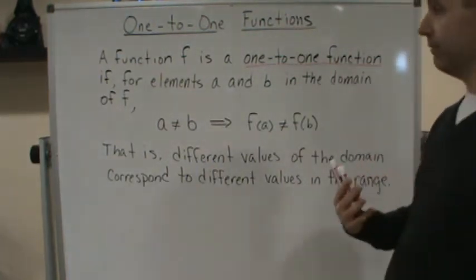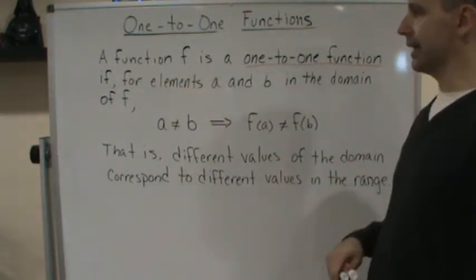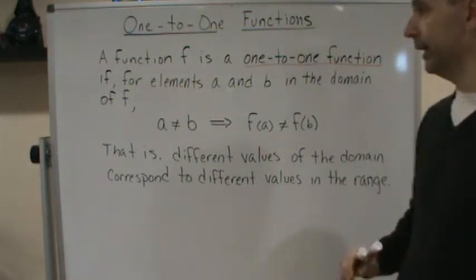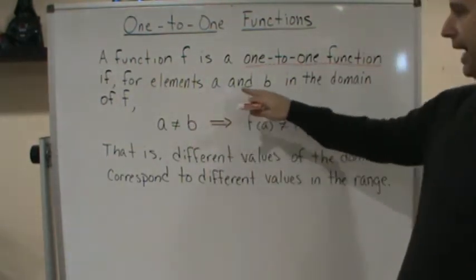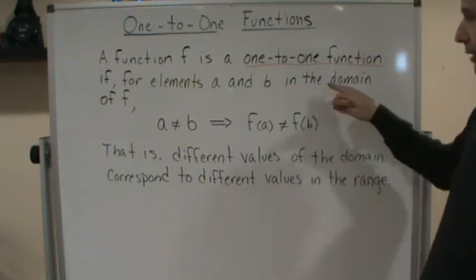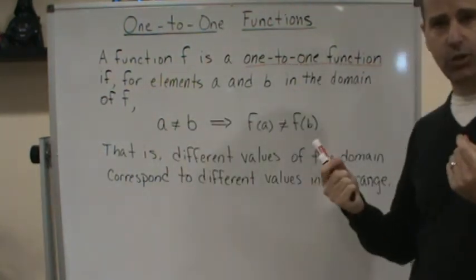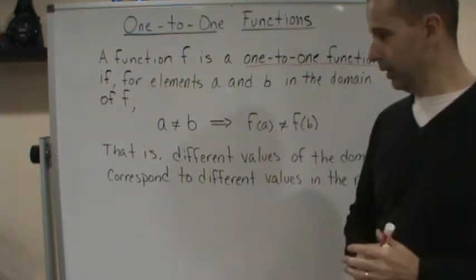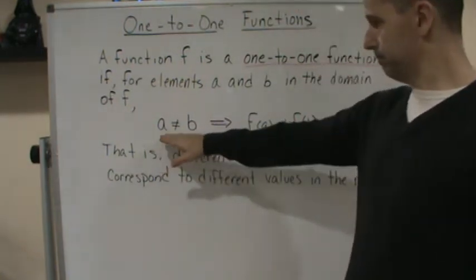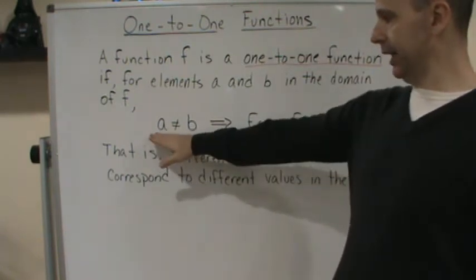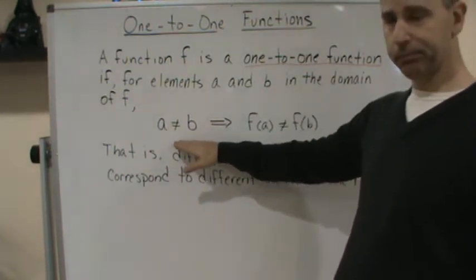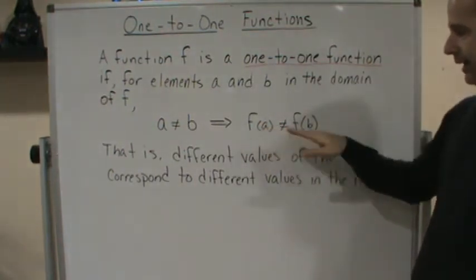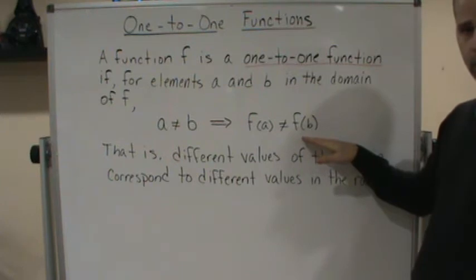If we have a function f, we say that the function f is one-to-one, or is a one-to-one function, if for the elements a and b that are in the domain of f, so if we take any two elements in the domain of f, we have this: if a is not equal to b, then that implies that f of a is not equal to f of b.